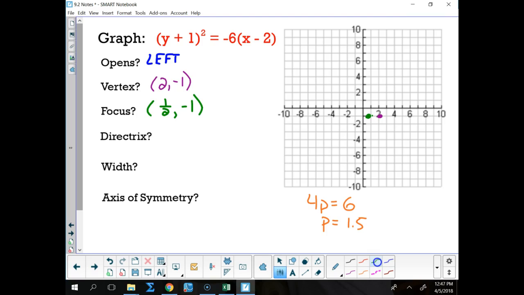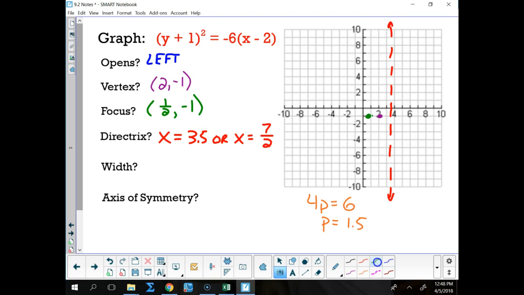Which means that my directrix then is 1.5 the other way, which is the line x equals 3.5, or x equals 7/2.